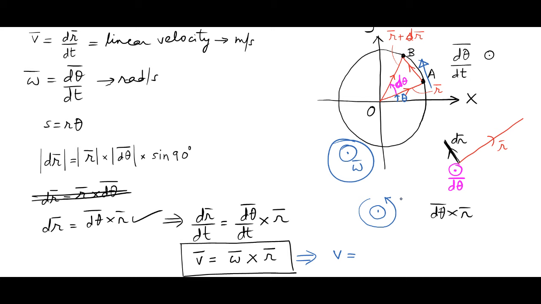So technically speaking, one should say that the direction of omega bar is this, but sometimes we'll be saying that the direction of omega bar is this. It means the same thing, although technically you are a bit wrong in saying this, but it makes a lot of sense because it gives you the direction of motion, the anticlockwise direction of motion. So it leads to a better perception or visualization of the problem.